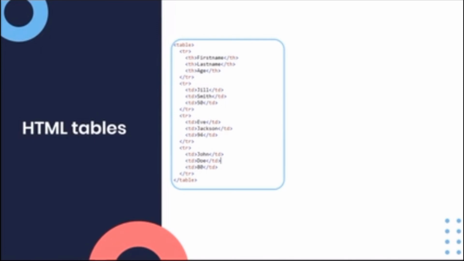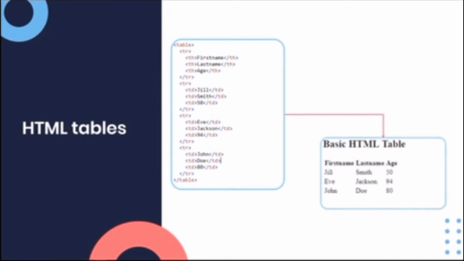This includes a row for Jill Smith with the age of 50, and so on with Eve, as well as with John. If we interpret this code, this is what it would look like in our browser. Pretty straightforward, right? I know the code can look slightly intimidating, but let's just break it down piece by piece so we can understand how the structure is interpreted by the browser.